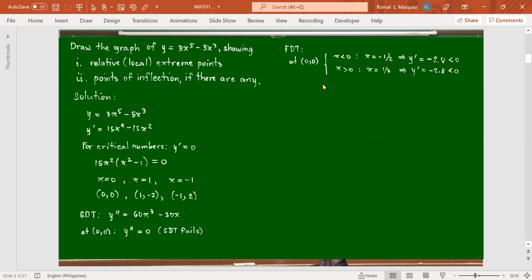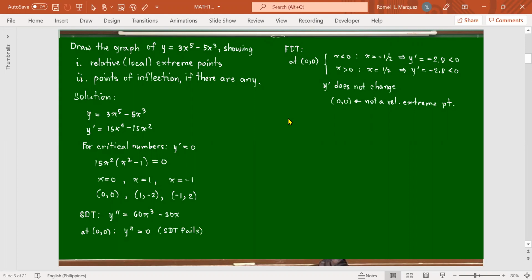So the sign does not change. Y prime does not change sign. So it means 0, 0 is not a relative extreme point, or not a local extreme point.